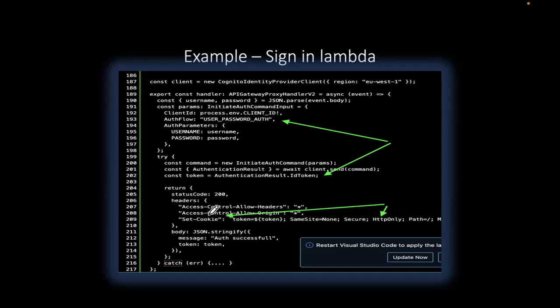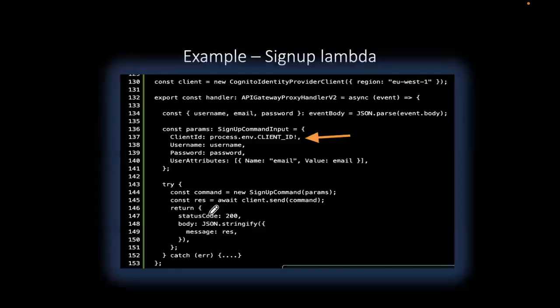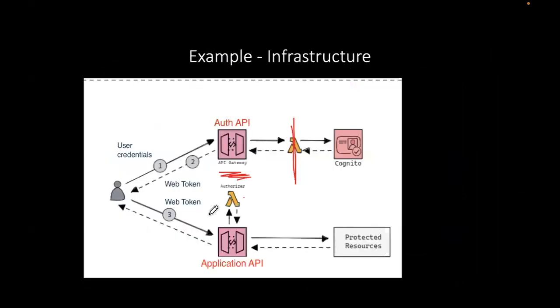So now my user has a JWT token, and they can now send requests to this web API if they want to access protected lambdas or protected functionality.